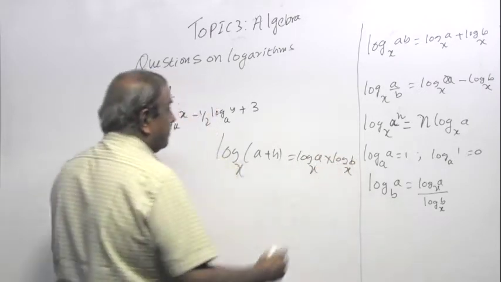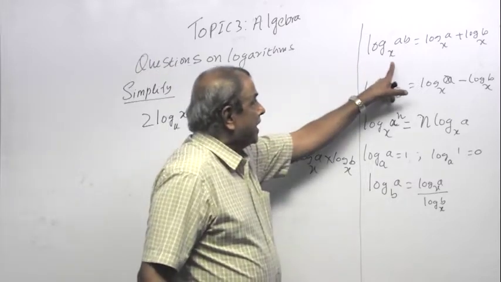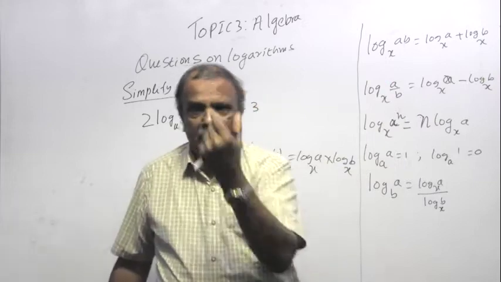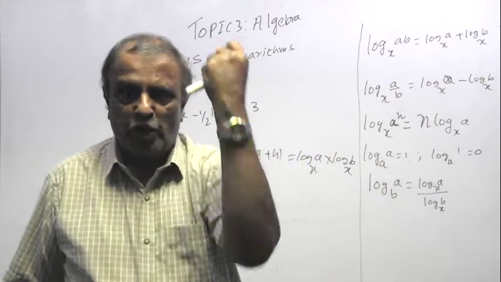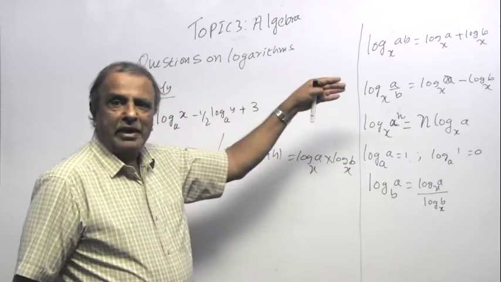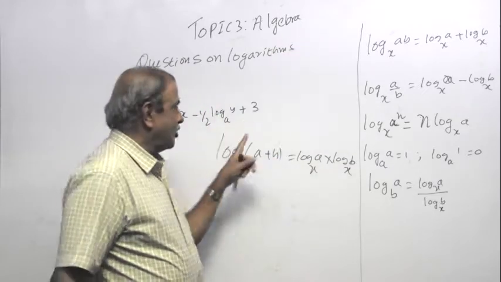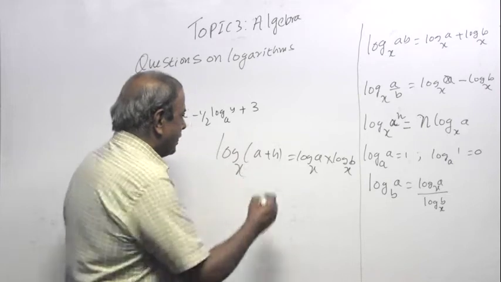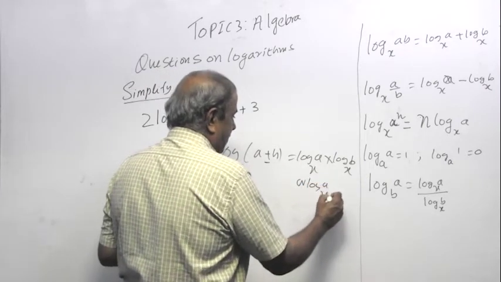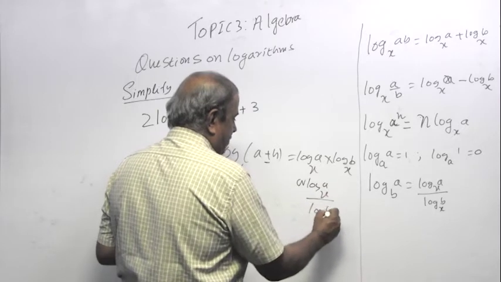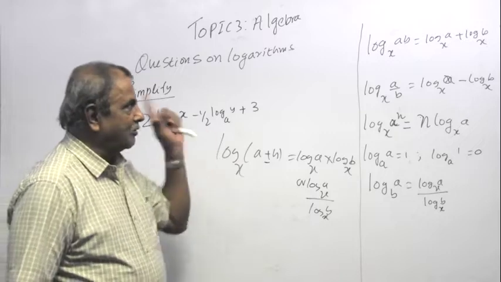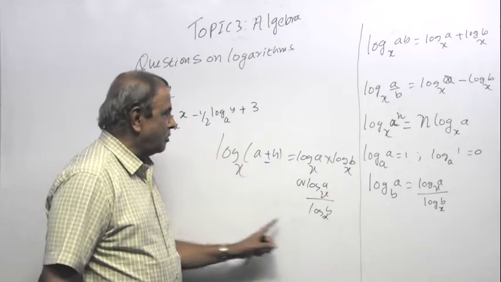If it is multiplication, you can split it as addition, but if you have log of a single A plus B, you cannot split it as times. It's a one-way traffic, no entry. So you can't do that with A plus B or A minus B, or log of A over B written as log A over log B to base x. That doesn't work. It works only one way. So this is one common error.